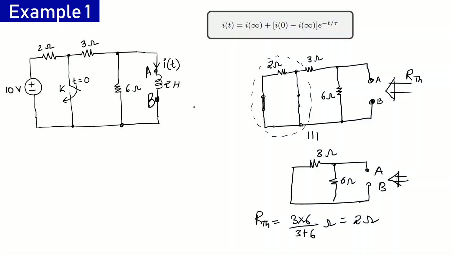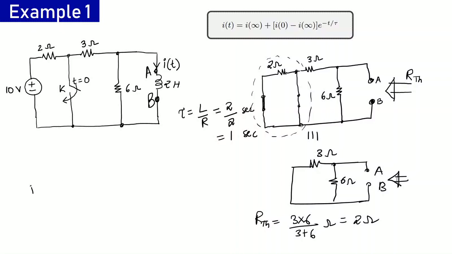Once we know it, we can calculate the time constant tau, which is L by R. L here is 2 henries over the Thevenin's equivalent resistance of 2 ohms. So the time constant will come out to be 1 second.